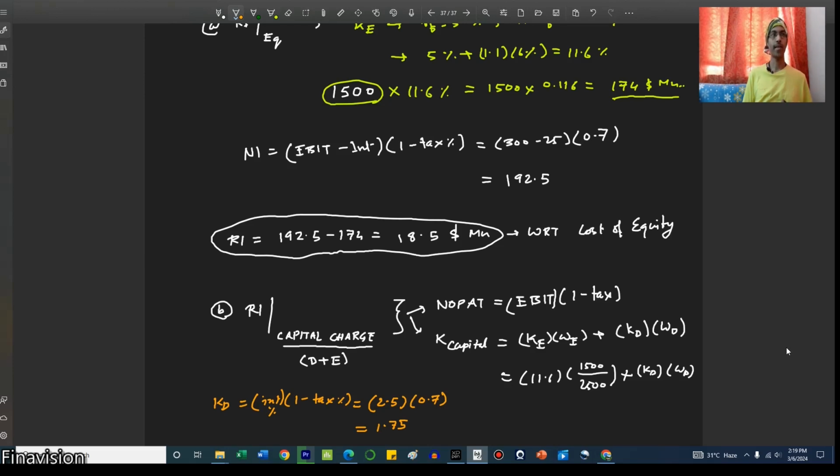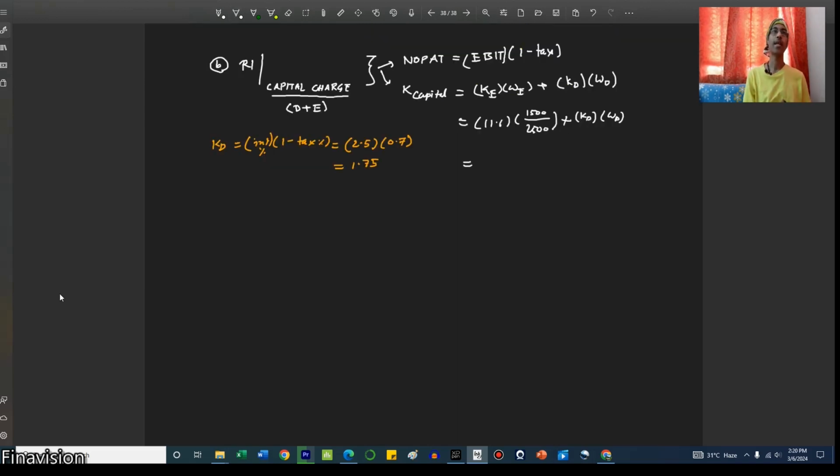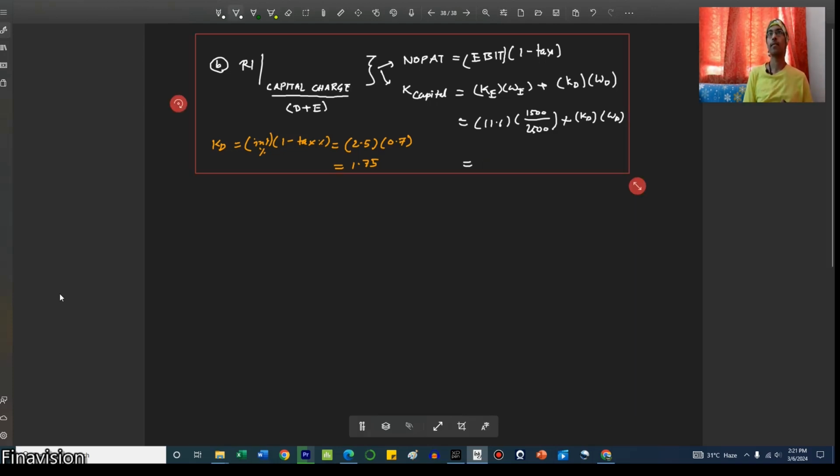Now weight of the debt is obviously 1000 by 2500. So the calculation becomes 11.6 into 1500 by 2500, which is equal to 6.96.